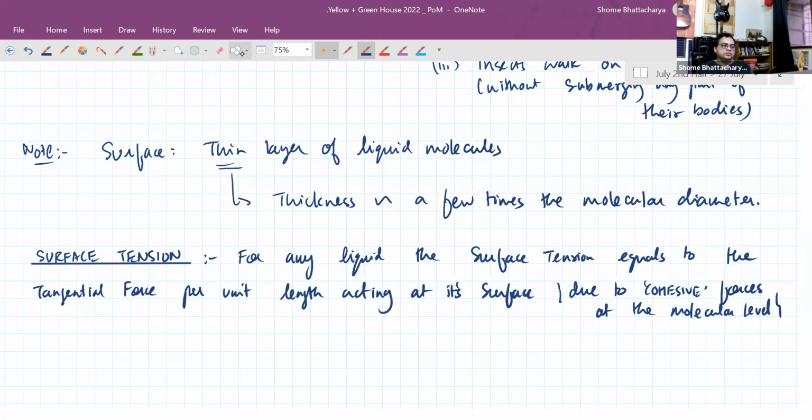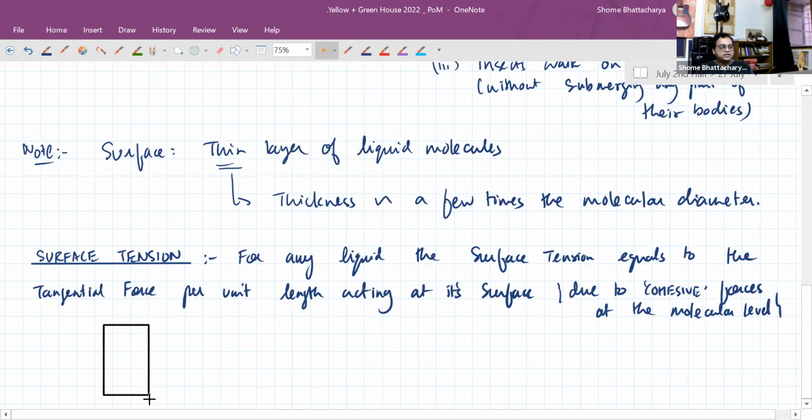So, for example, visualize a cylindrical vessel containing liquid, and the surface of the liquid in such a cylindrical vessel is that thin layer like a disc at the surface, which is what we call the surface.